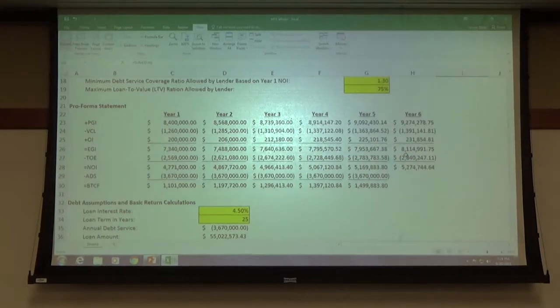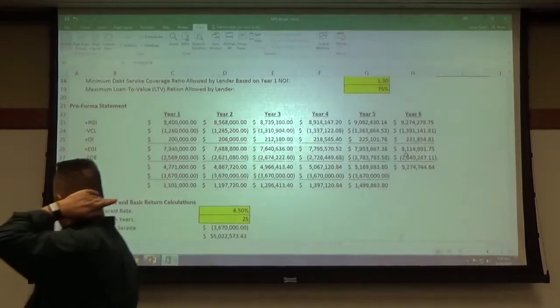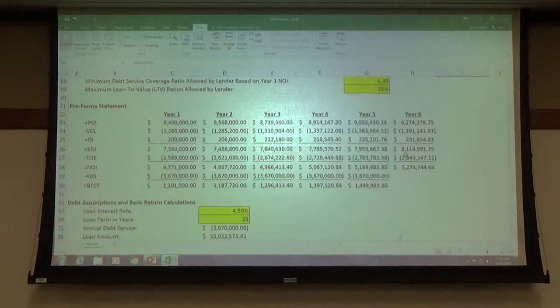Now we've got a few extra lines that you haven't seen before. In our previous example, we stopped here at NOI. Now we've got 2 more lines to contend with.